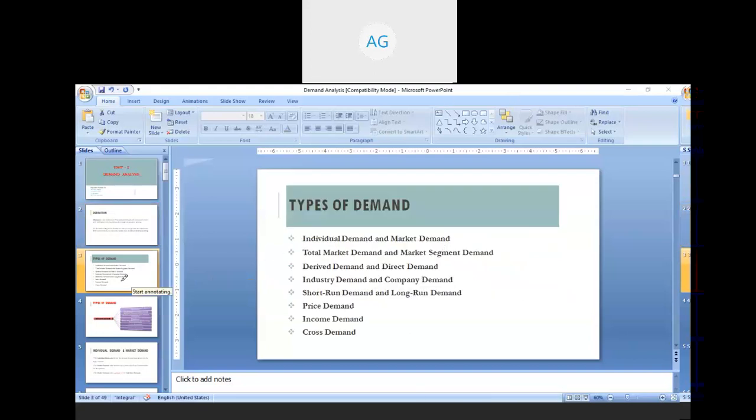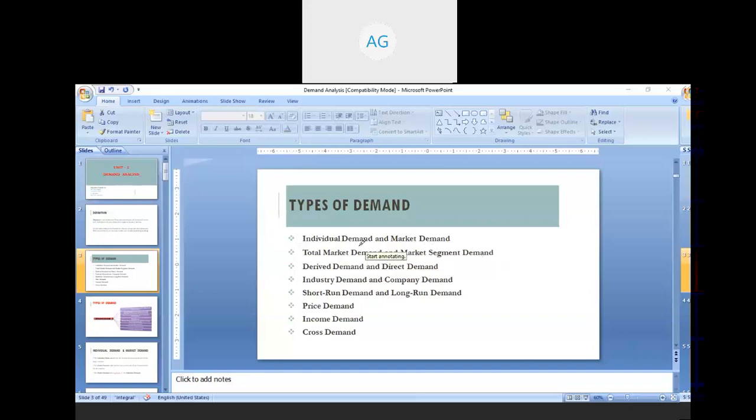Now the next topic is types of demand. These are the major types of demand, basically 8 categories: individual demand and market demand, total market demand, and market segment demand.